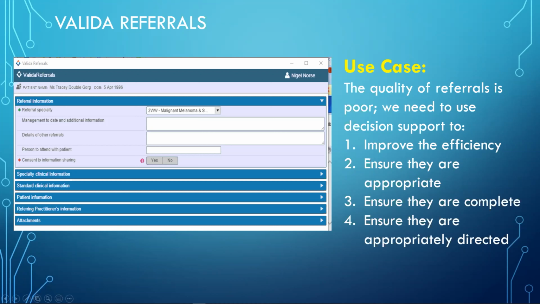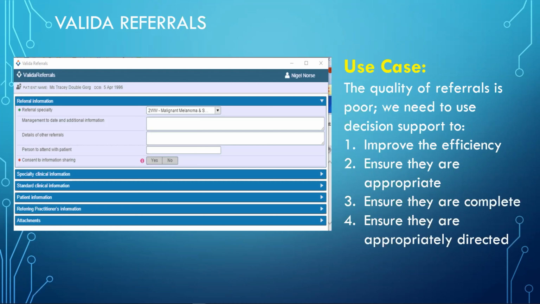It's also ensuring that referrals are appropriate, because the commissioners are anxious that the referral rate continues to skyrocket, and particularly now that the health service has been completely diverted and waiting times are well over a year, there's even more emphasis on ensuring that referrals are appropriate. One of the complaints that secondary care has always had is the referral which says please see and advise, which is not very helpful.